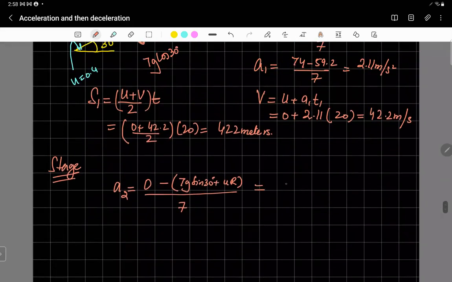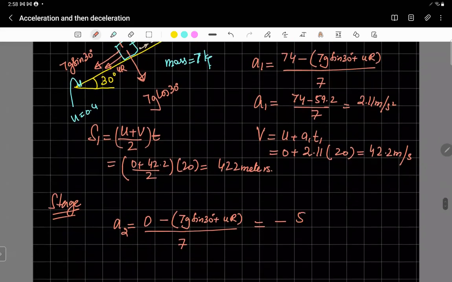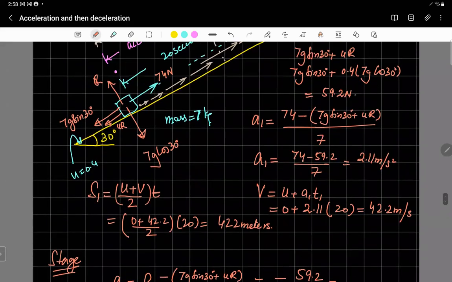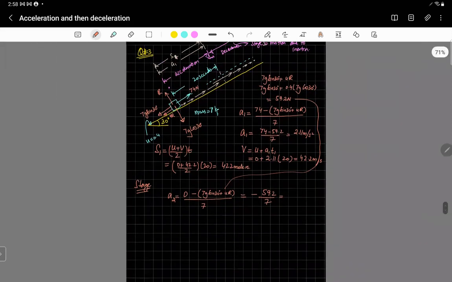So what is the value of deceleration produced now? It's minus 59.2 over 7. I brought 59.2 Newton from here. We have already calculated it. Please calculate it. Minus 8.46 meter per second square.